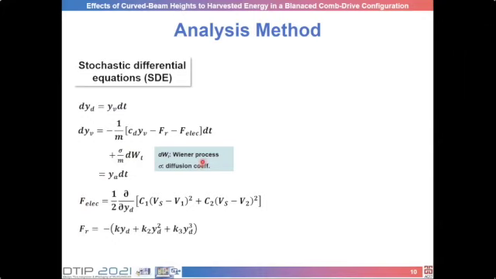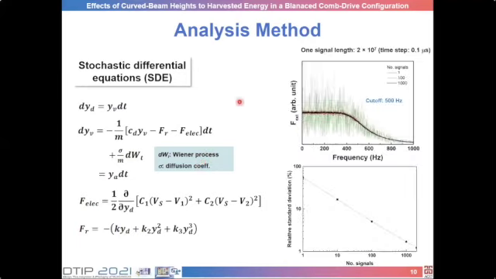For the Wiener process, a random series was generated in MATLAB, and one signal length was 20 million, determined by the capacity of the machine that was used. It had a time step of 0.1 microsecond. For more accurate analysis, it was repeated with differently generated signals, and the average was taken.